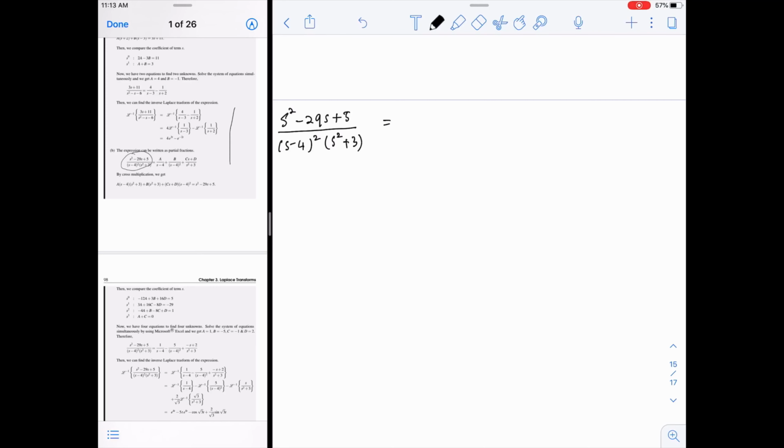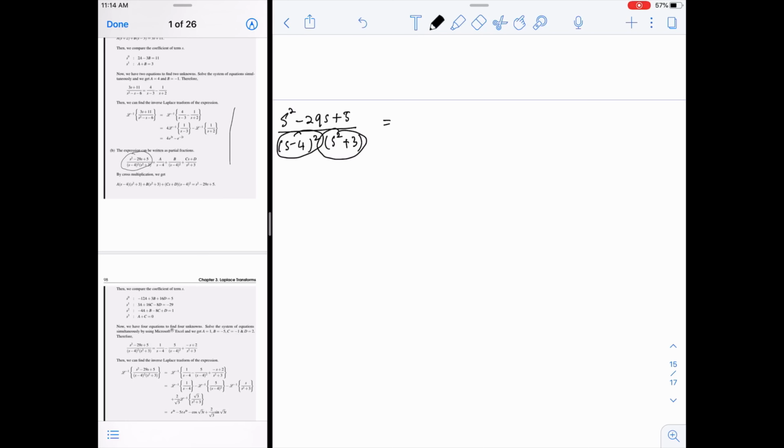According to this one, you will have the denominator with two different factors. The first one is a repeated linear, and the second one is the irreducible function.